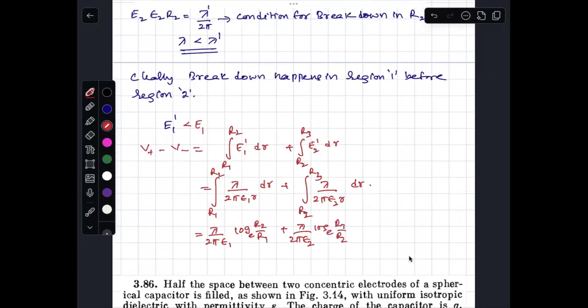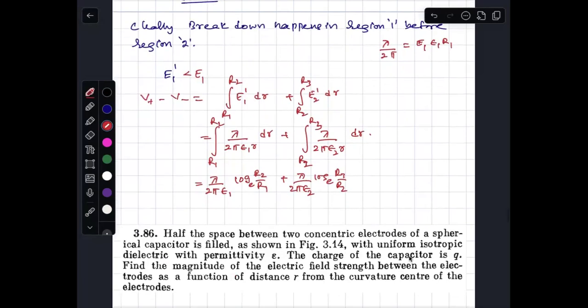By the way, boys and girls, lambda by 2 pi epsilon 1 I will take as E1 R1. That's what you want. Therefore, this can further be written as E1 R1 log e R2 by R1, and lambda by 2 pi epsilon 2 can be written as E1 R1 times epsilon 1 by epsilon 2 log e R3 by R2.